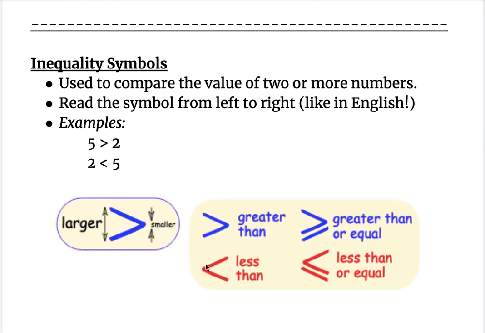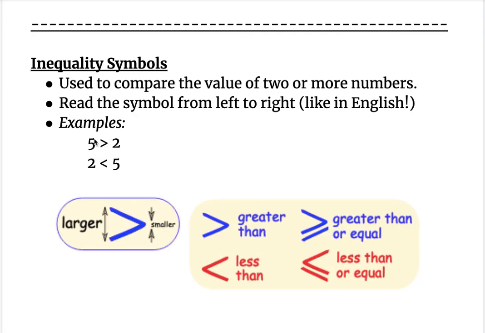This one right here has the pointy end on the left-hand side. It's the smaller side that comes first when you're reading from left to right. So this is the less than symbol. And then we also have greater than or equal to, as well as less than or equal to. So we will get to those later on, but just know that those also exist. And we just slapped an equal to sign on the bottom there.